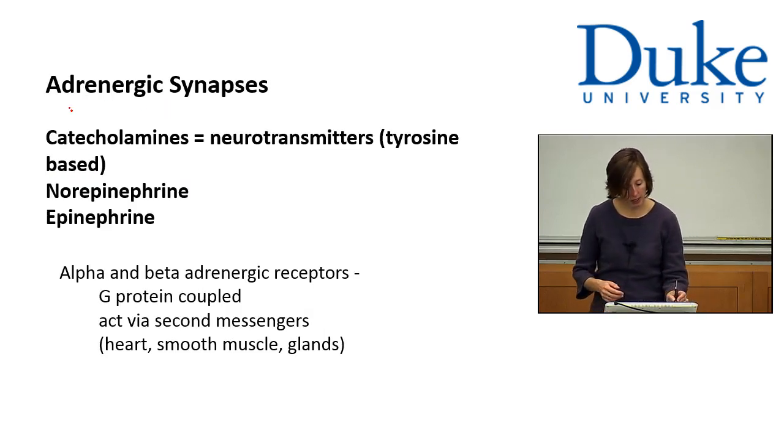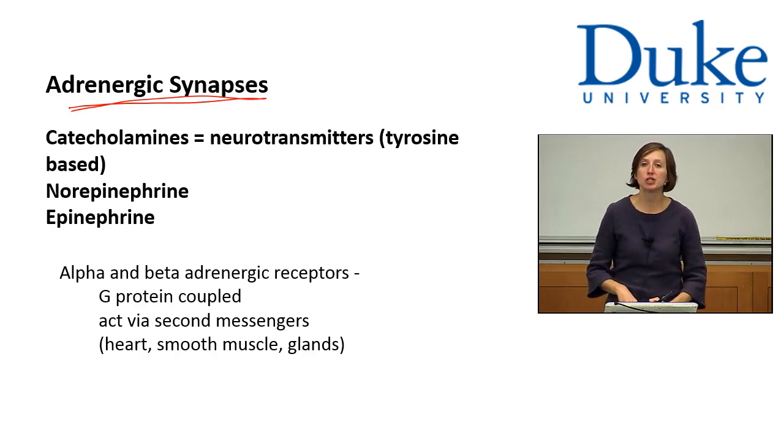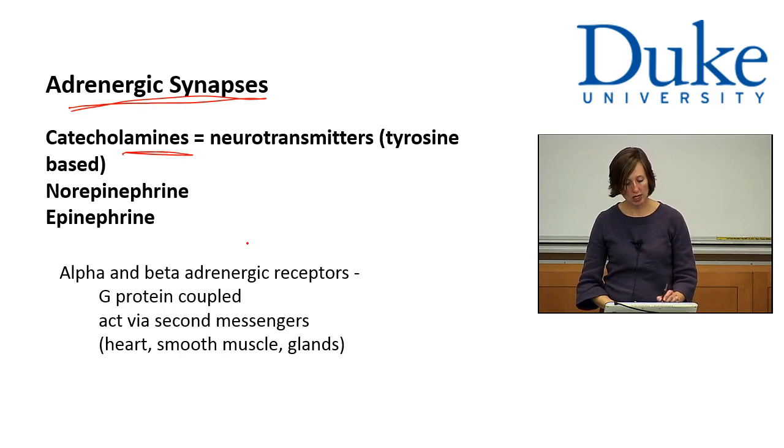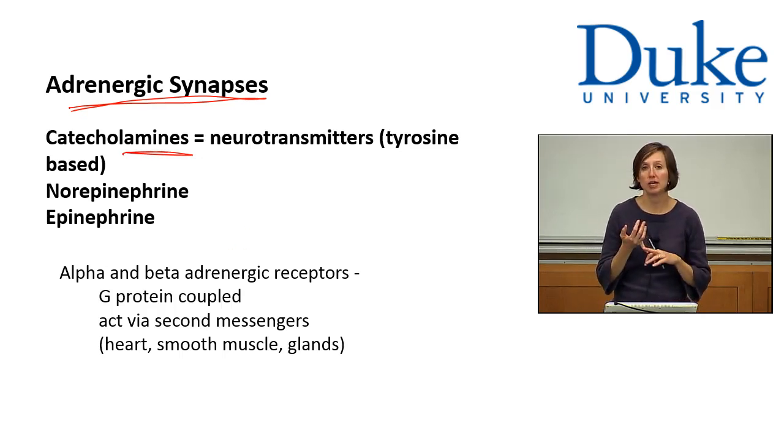Another type of really important synapse are the adrenergic synapses, which are ones that release catecholamines, which are neurotransmitters like norepinephrine and epinephrine. Epinephrine, which is the same thing as adrenaline, that's why they're called adrenergic synapses.